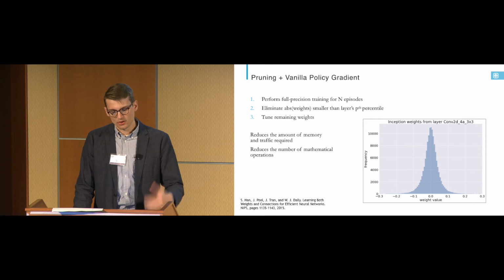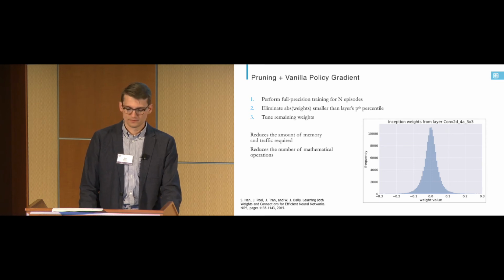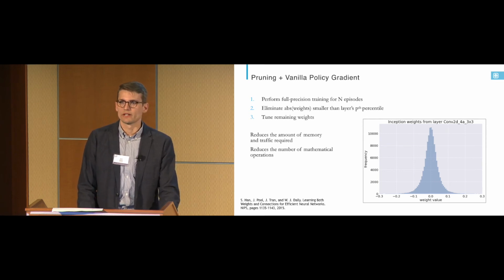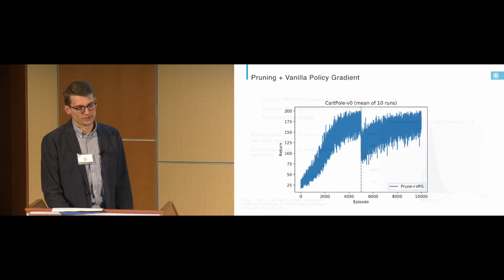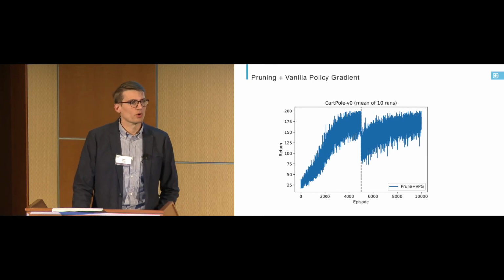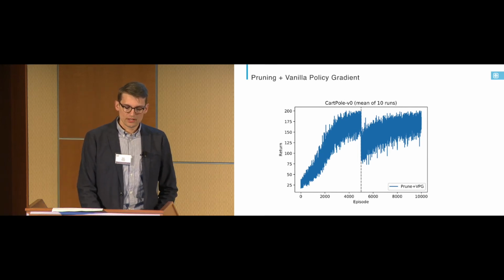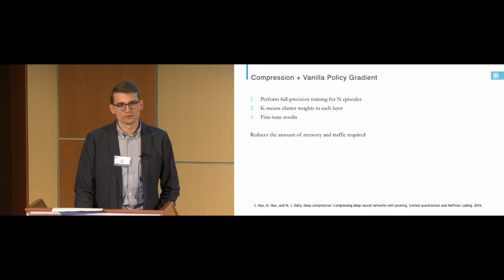So that obviously lowers the cost to run these things and load these things. And it reduces the number of mathematical operations if you have an architecture that can take advantage of sparse matrices. Here are the results of pruning applied to cart pole. So you can see that we ran at full precision for 5,000 episodes of the cart pole task, and then we pruned, and then the performance recovered after another 5,000 episodes.